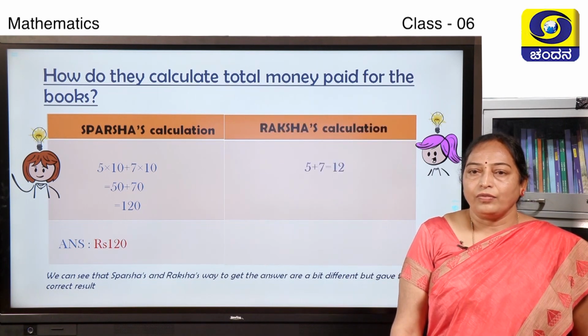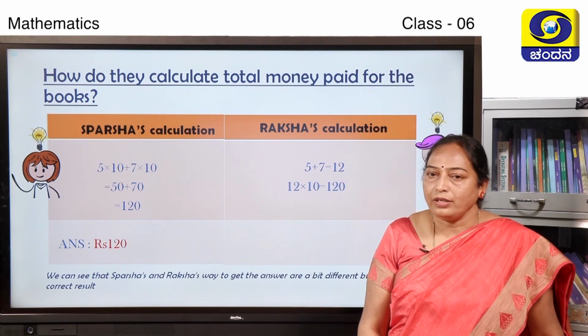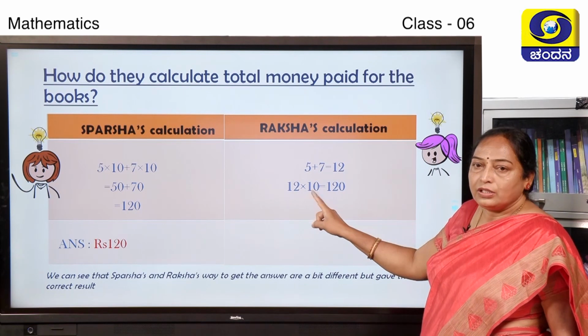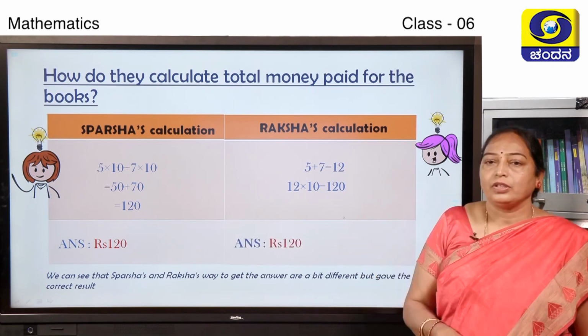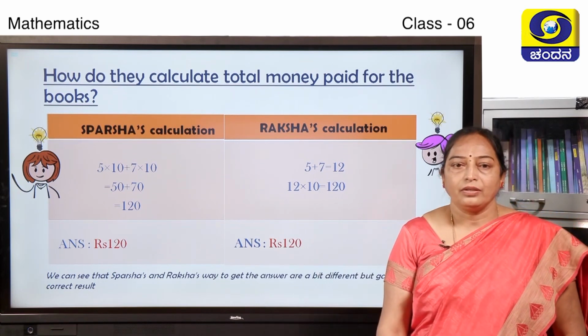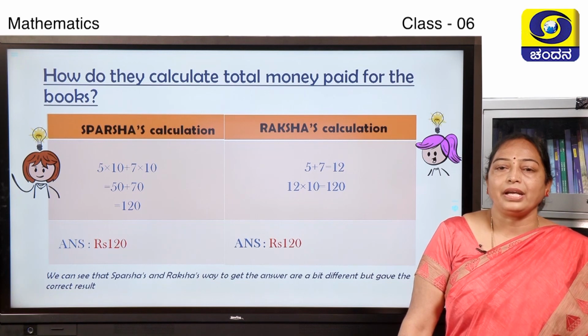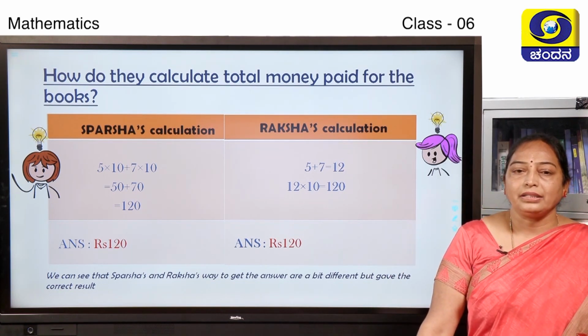Let us see. First she added 5 to 7, that is totally she got 12 books. The cost of each book is 10 rupees. 12 into 10, 120. She got 120. Answer is 120 rupees. We can see that Sparsha's and Raksha's ways to get the answer are a bit different, but gave the correct result.